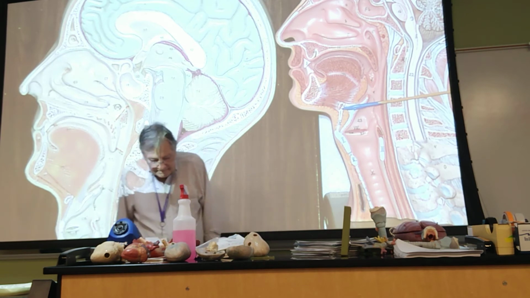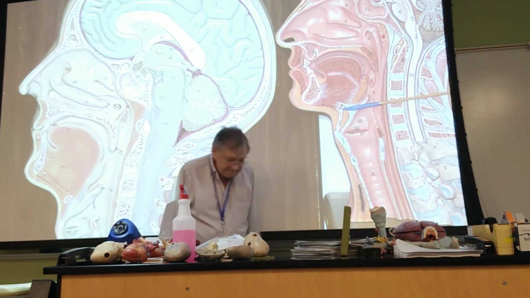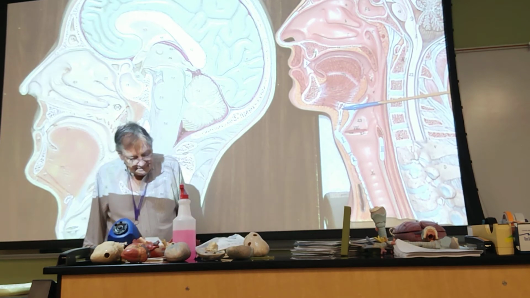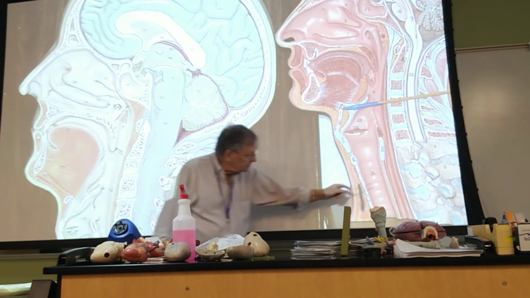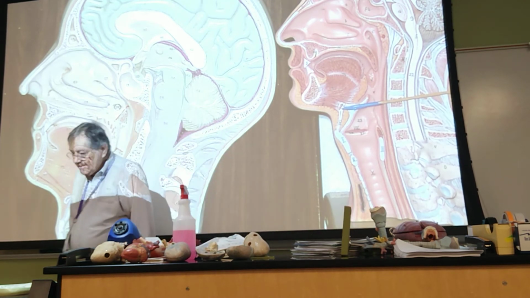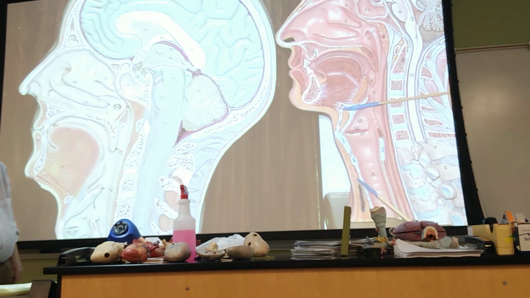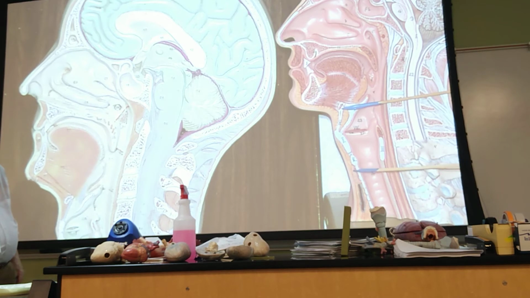Okay. And then, as mentioned, you have the trachea and esophagus. So maybe if I show it here, this right here is a piece of thyroid gland.